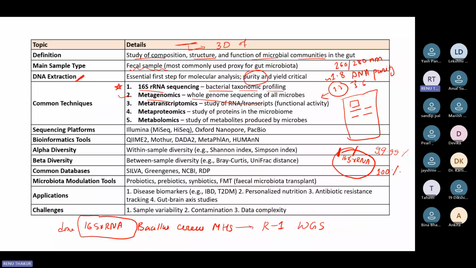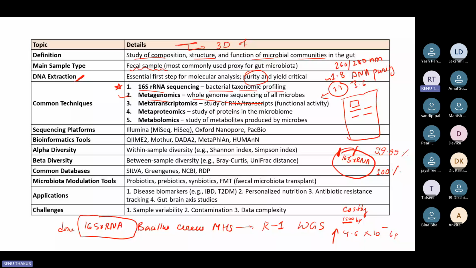But people do not follow this whole genome sequencing. The reason is that it is costly. Obviously, if you are sequencing this much, 1500 base pairs, versus going for 4.6 into 10 to the power 6 base pairs, this will raise the cost, because it depends on the length of the gene which you want to sequence.